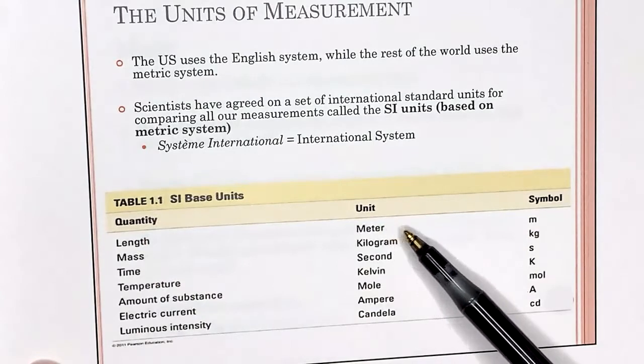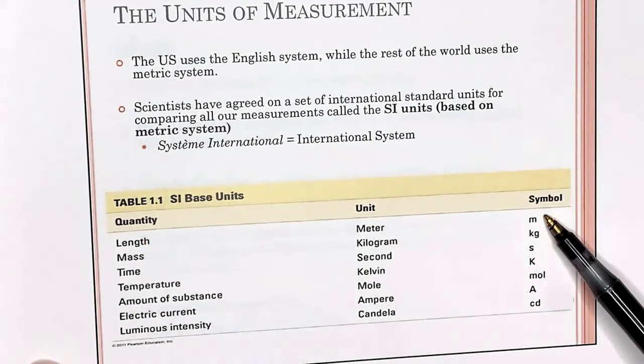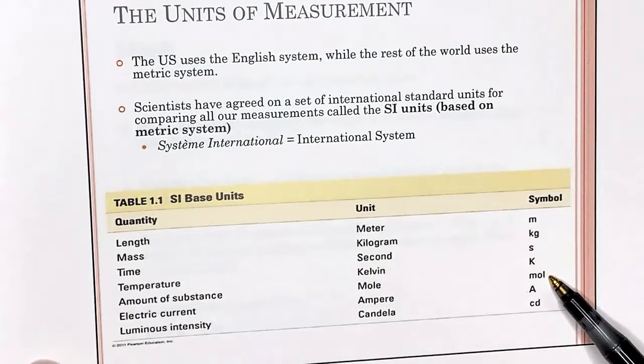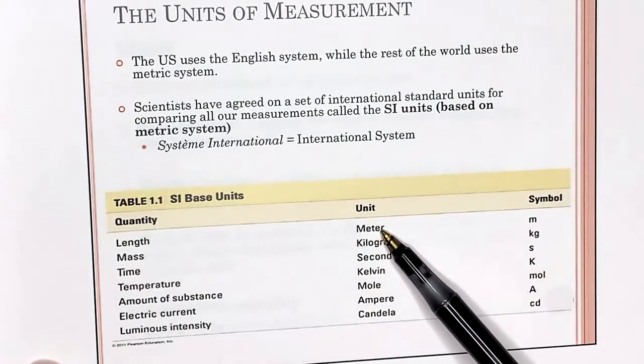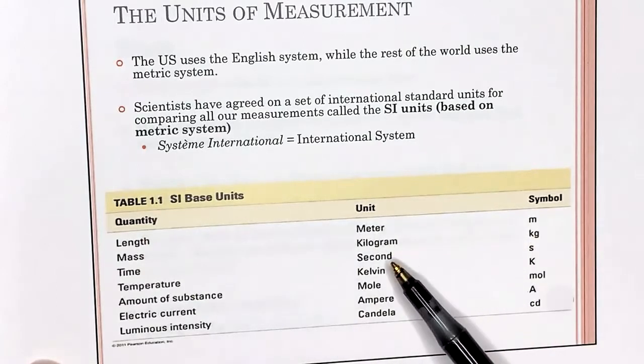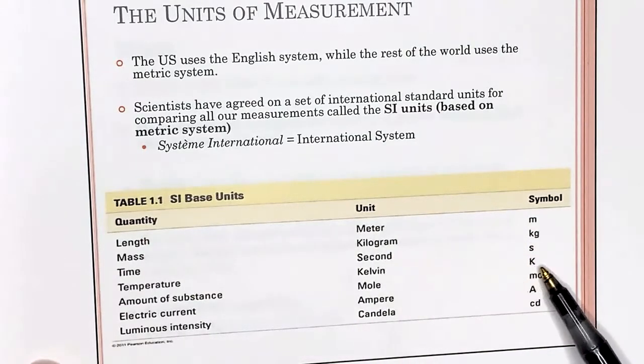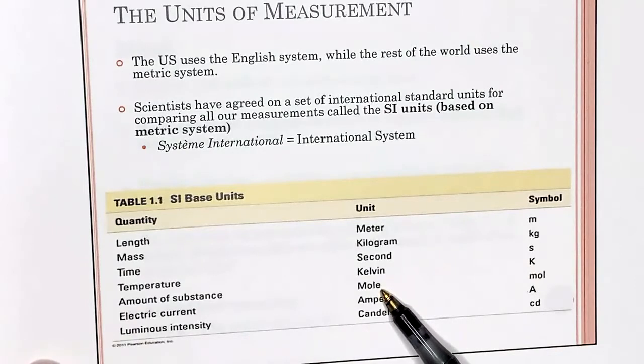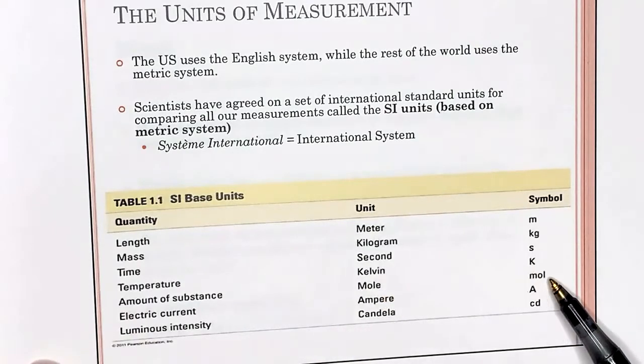For length, we use meter, for mass, we use kilogram, and you want to know the symbols as well, okay? So meter is m, kilogram is kg, second is s, Kelvin is capital K, and mole, which is the amount of substance, the symbol is mol.